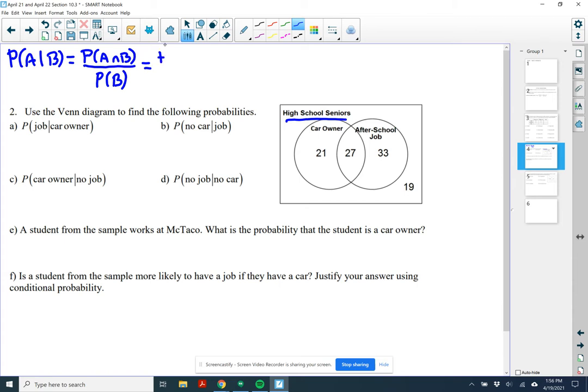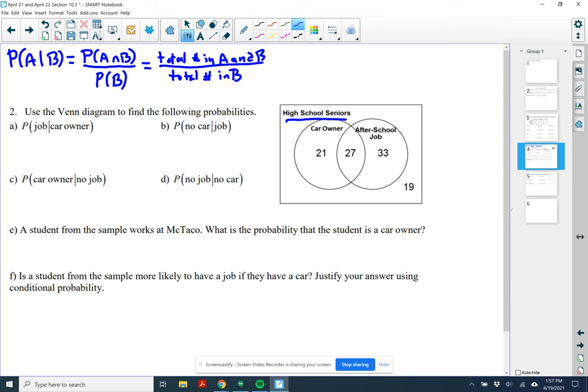We also have that is equal to the total number in A and B divided by the total number of objects, students, whatever the case may be, in B. So in order to do this, we're going to need some totals.